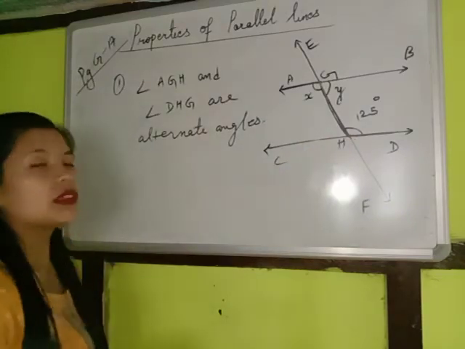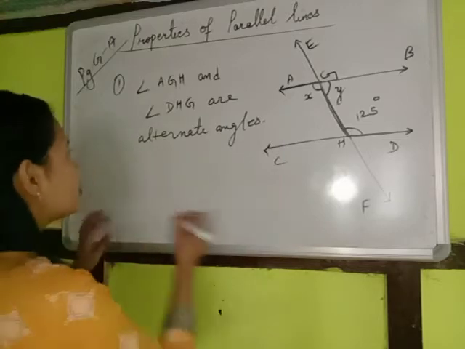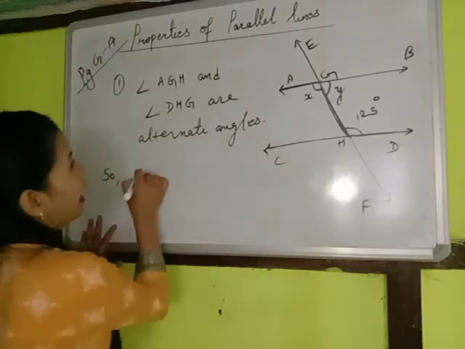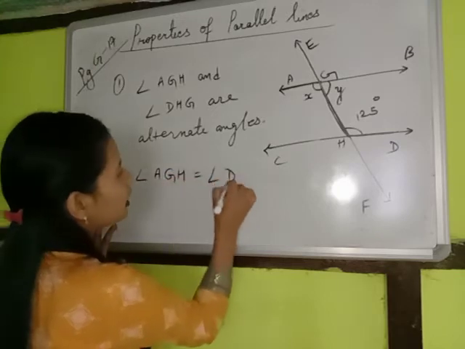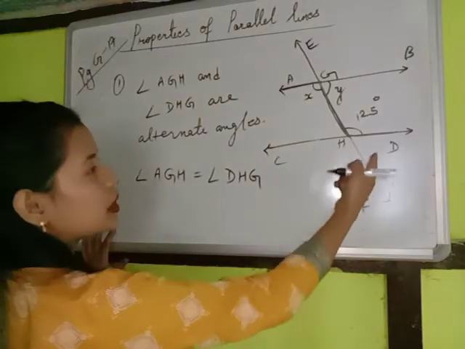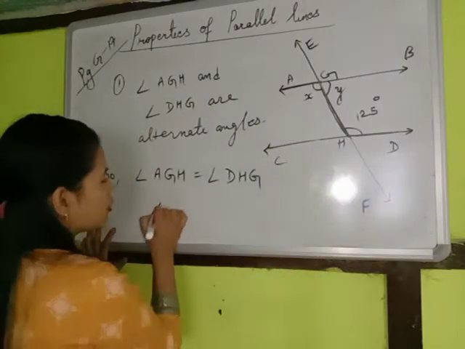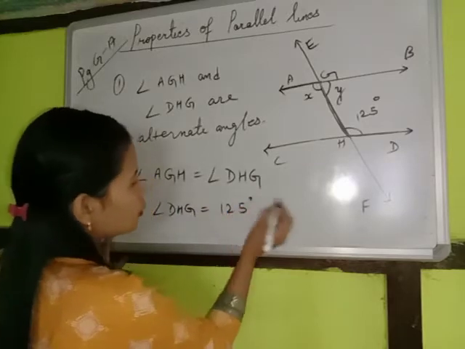We know that alternate angles are equal in measure. So angle AGH will be equal to angle DHG, right? We know the measurement of angle DHG. Angle DHG equals 125 degrees, so we put this here.